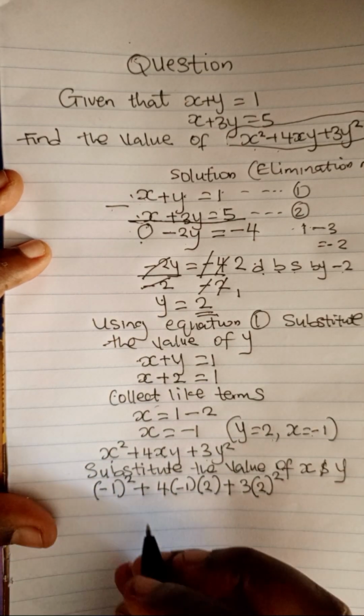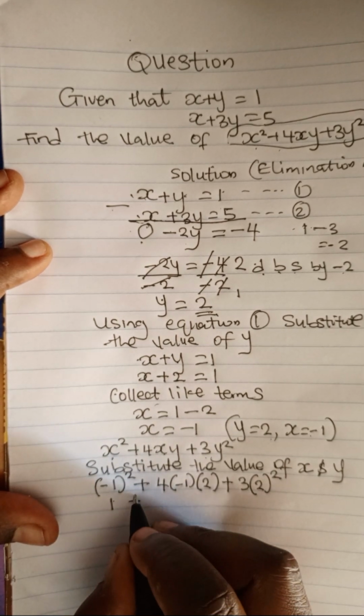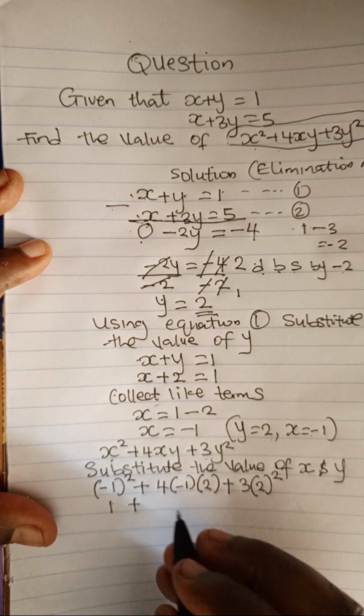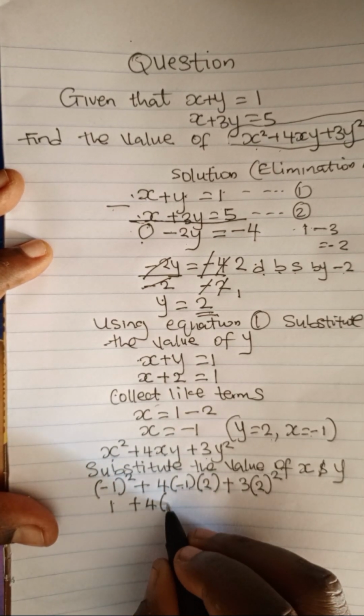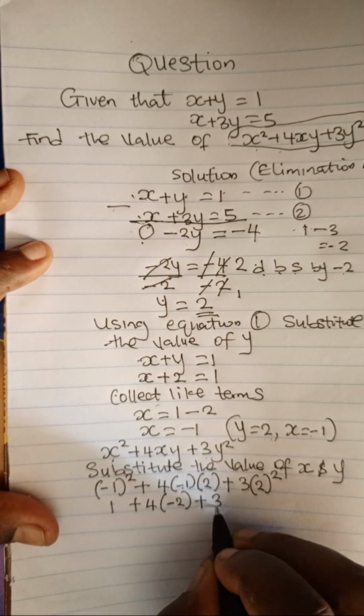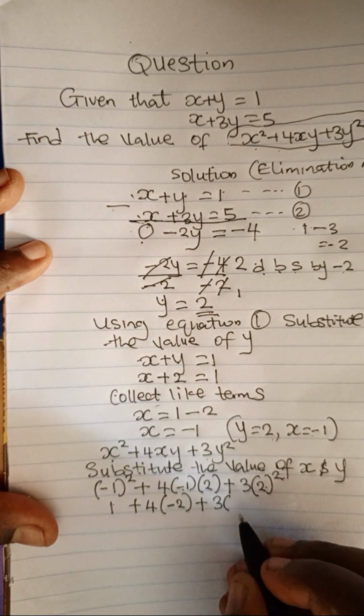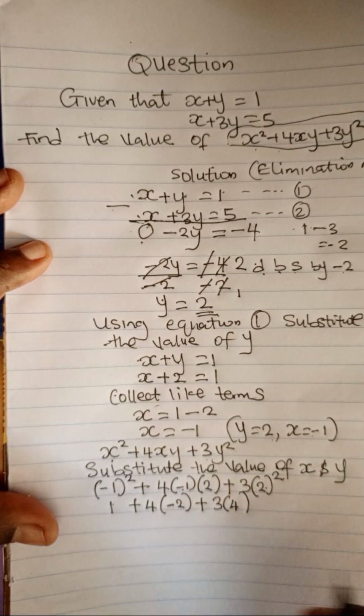So let's simplify this. Minus 1 squared is 1. Plus 4 open bracket minus 1 times 2, that will give us minus 2, close the bracket, plus 3 open bracket 2 squared means 2 times 2, that's 4, close the bracket. Now we simplify.